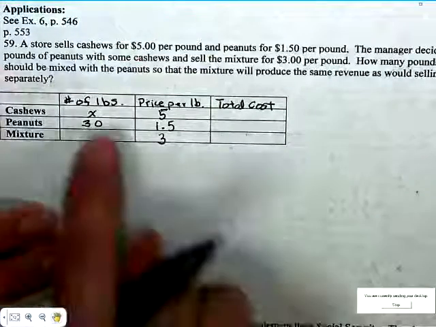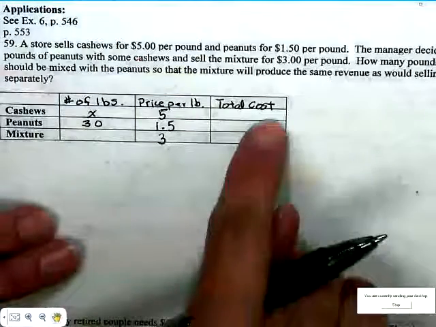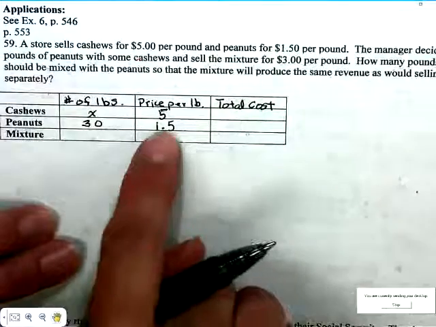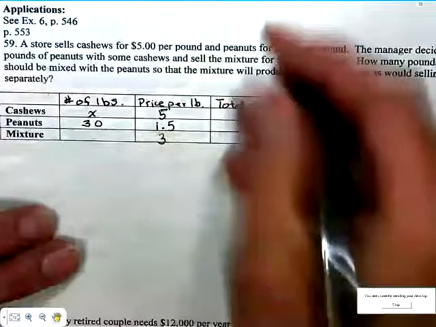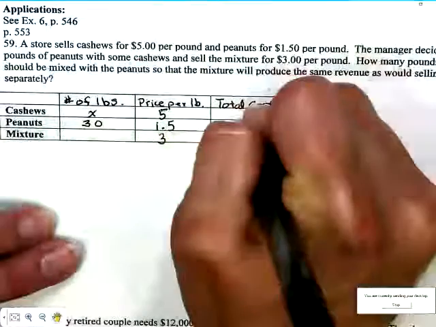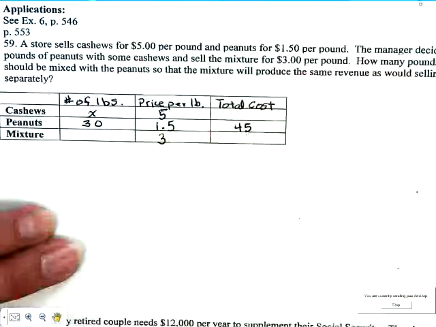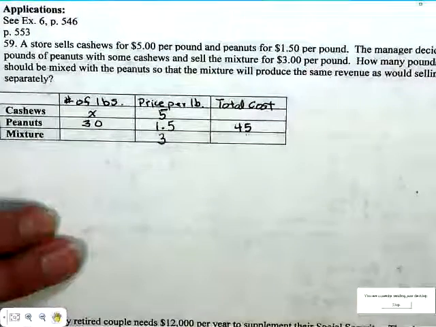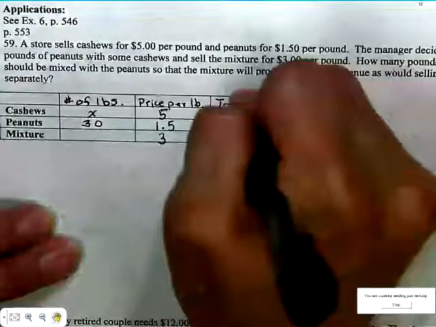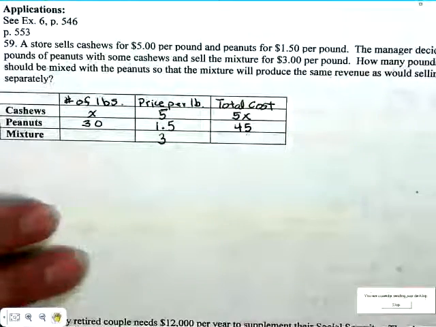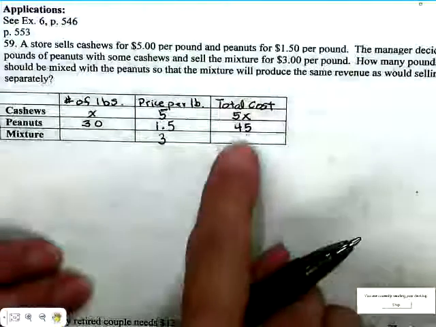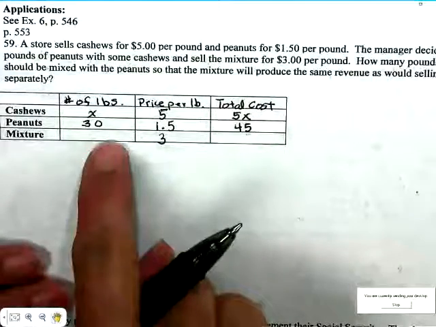So I know the total cost of the peanuts. If there are 30 pounds at $1.50 each, that's going to be $45. Just multiply straight across. What's going to be the total cost of the cashews? 5 times however many pounds I use, 5 times X. But in order to have the total cost of the mixture, I have to know how many pounds are in the mixture.